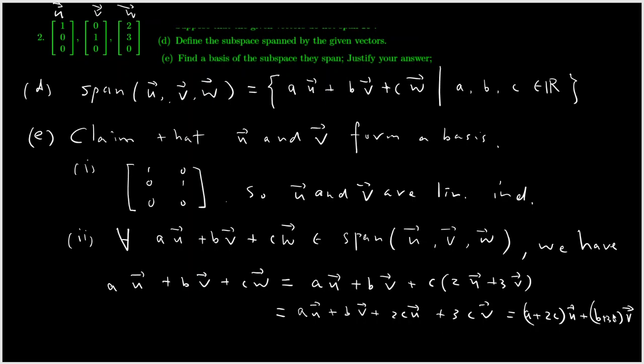What I'm trying to do now? I just showed every vector in the spanning set is a linear combination of U and V only, right? What do we mean by that? U and V span the spanning set.